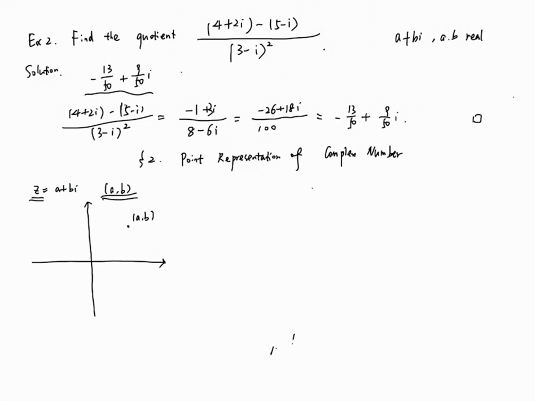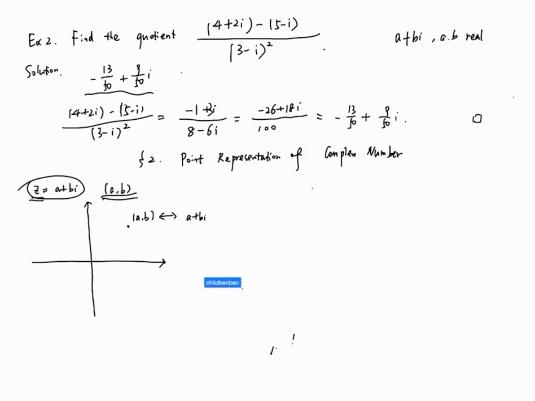So sometimes we just write it like this. Since a and b determine the point on the xy plane, it also determines the complex number here. So in this sense, we can give a one-to-one correspondence between the points in the xy plane and the complex numbers.